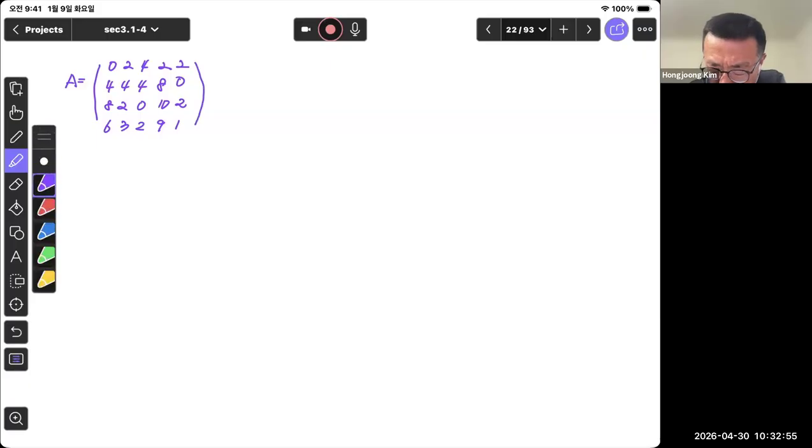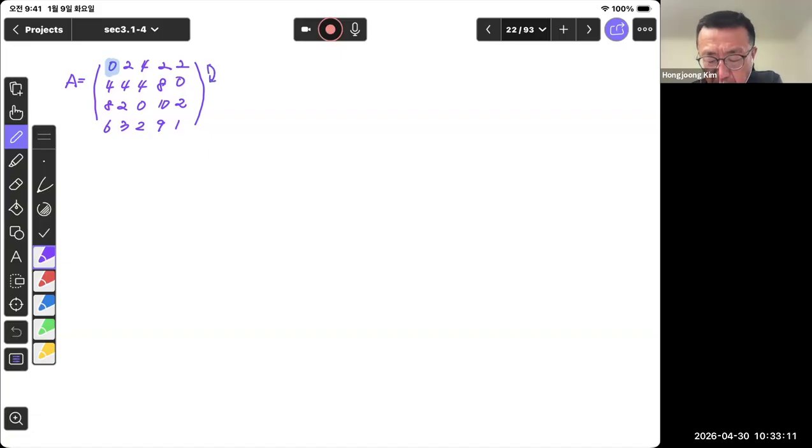Now I have 0 in the first row, first column. So I need to interchange this first row with any other row, say the second row. Then the matrix becomes 4, 4, 4, 8, 0 in the first row, then 0, 2, 4, 2, 2, 8, 2, 0, 10, 2, and 6, 3, 2, 9, 1.